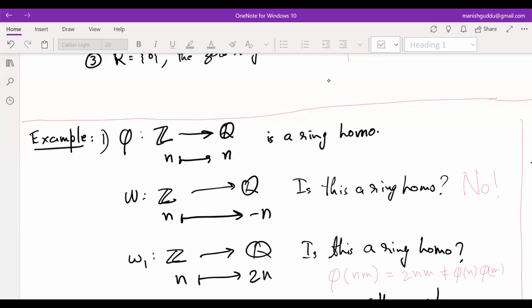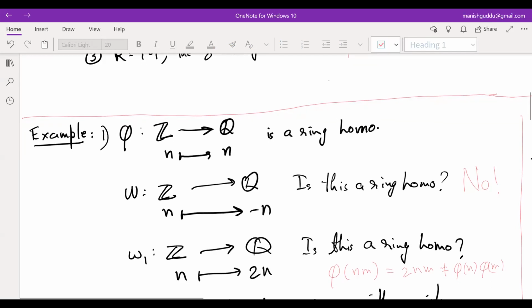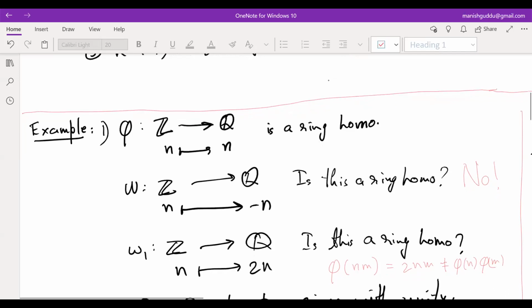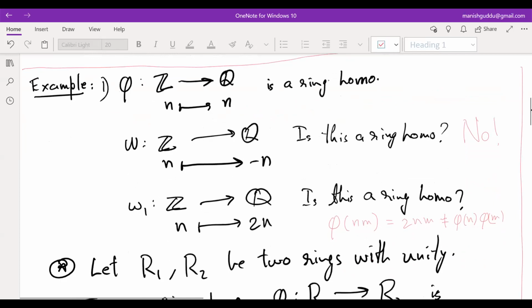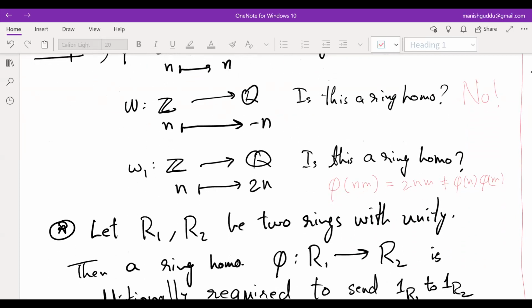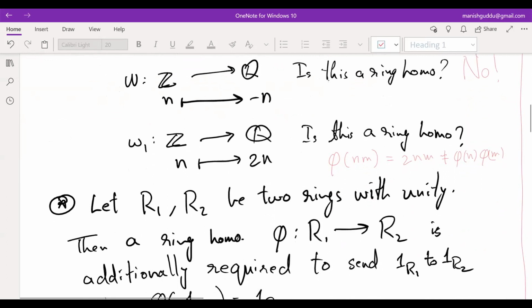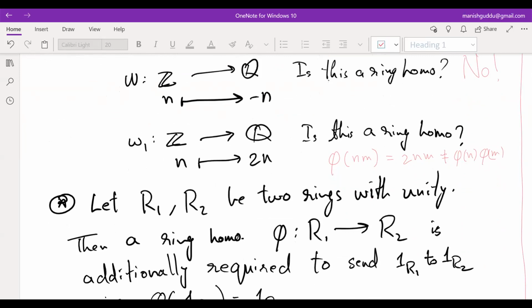And there is another problem with this: 1 somehow goes to 2. For rings which do not contain unity, that restriction is not there. But if the two rings are rings with unity, then we also insist on this for a ring homomorphism.